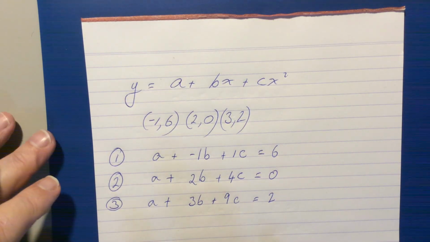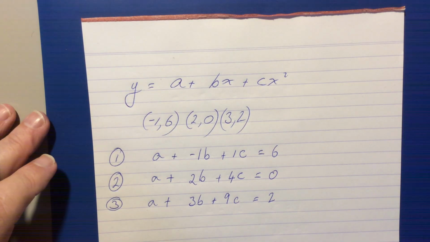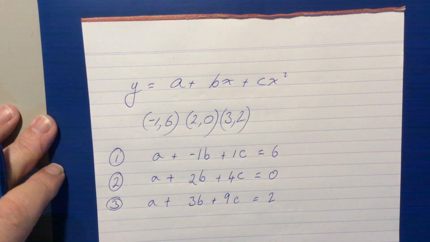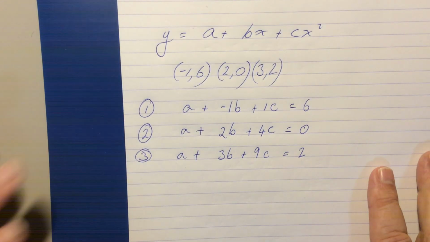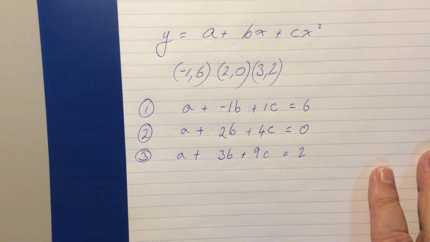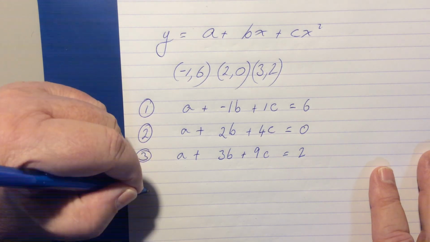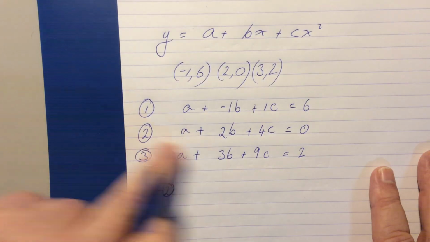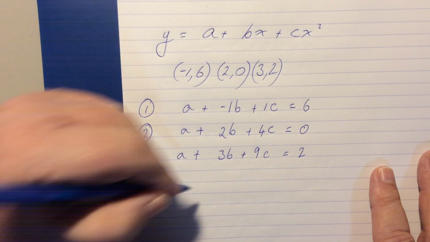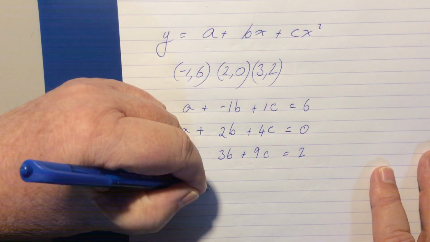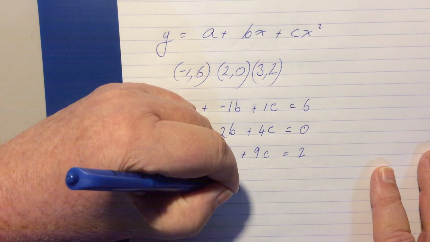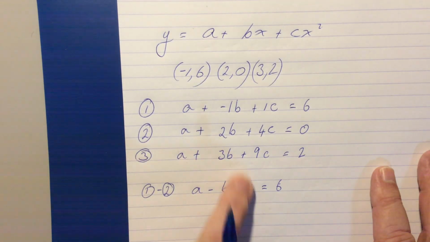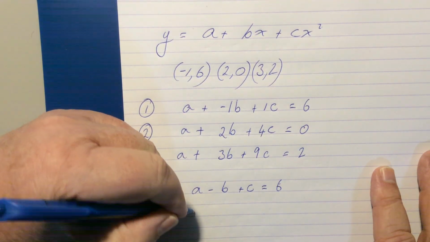Now, where do we go from here? Well, hopefully it's fairly obvious. The big step is actually doing this. So, what we'll do, and this is a random choice, I'm going to take equation number 1 and subtract equation number 2 from it. So, a minus b plus c equals 6. This is a simplified version of that.